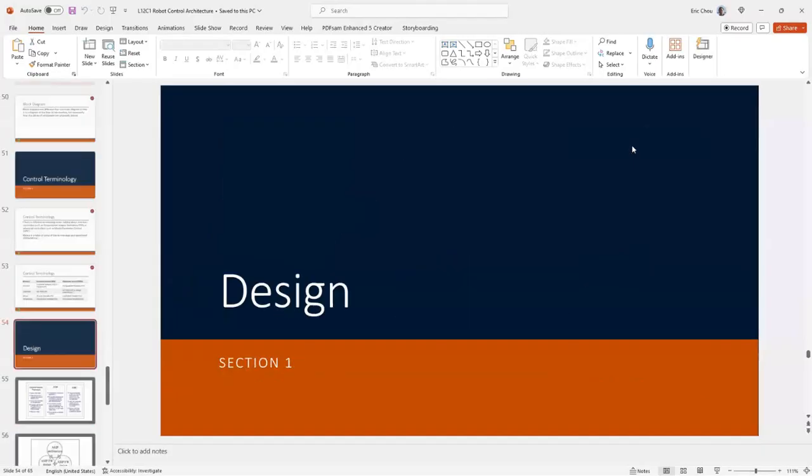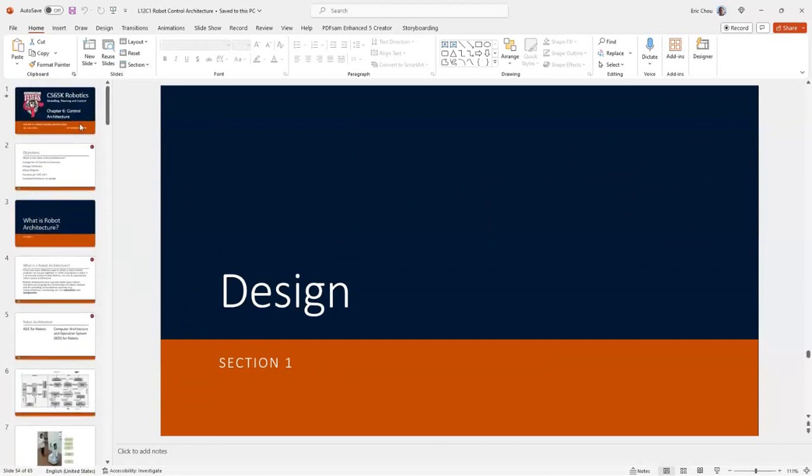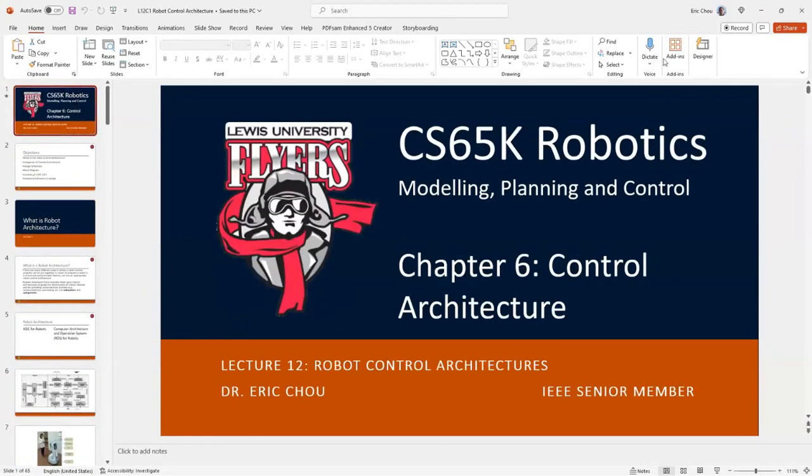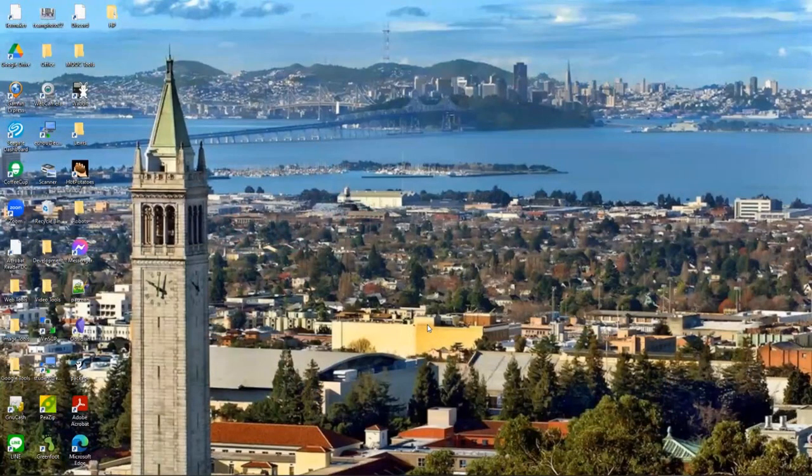So this one we introduce over the control. This is lecture 12 for robot control. We work on the robot arm, talking about workspace and joint variable first. And now we work on the whole control loop, including the sensor and feedback and set point control.